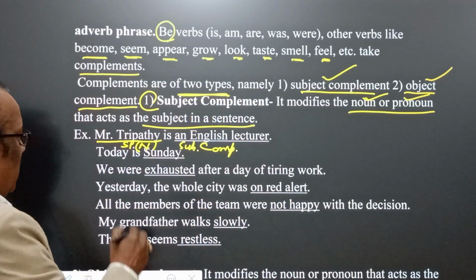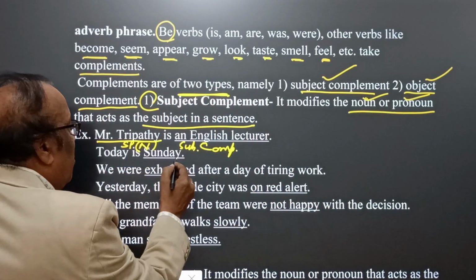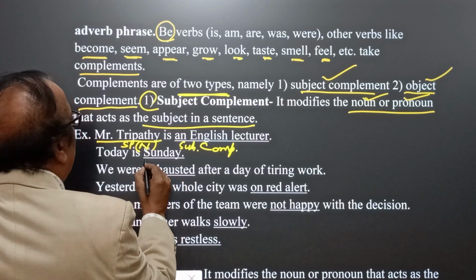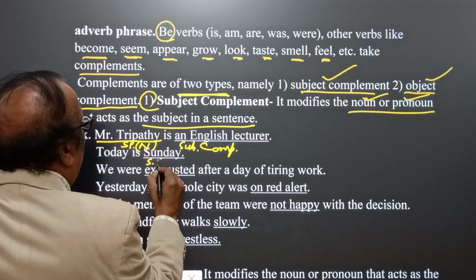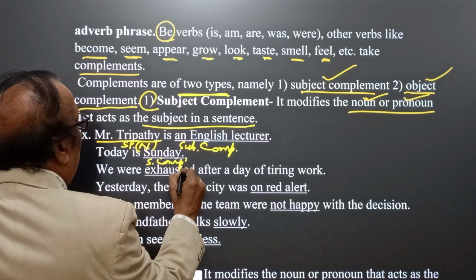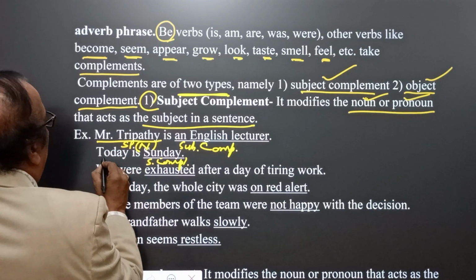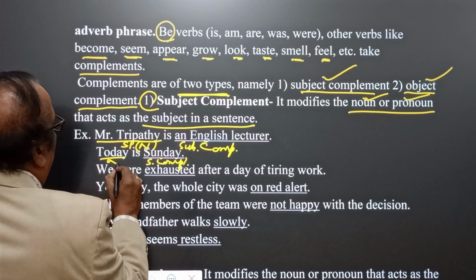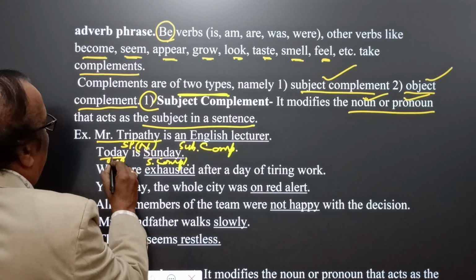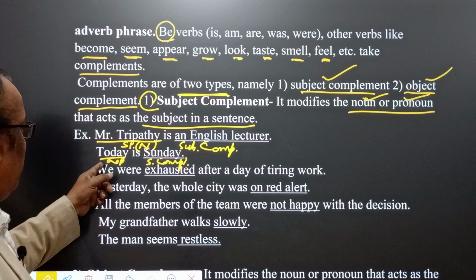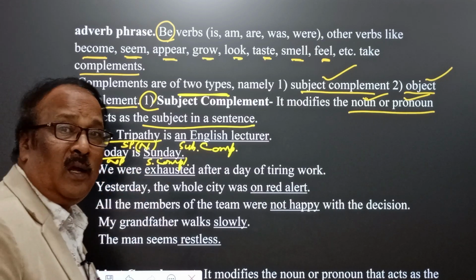And now clear. Again, today is Sunday. Sunday is the subject complement. And here Sunday refers to today. Today is the noun phrase, the subject noun phrase. Today is Sunday.